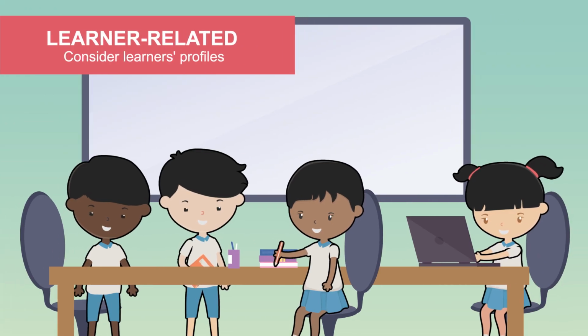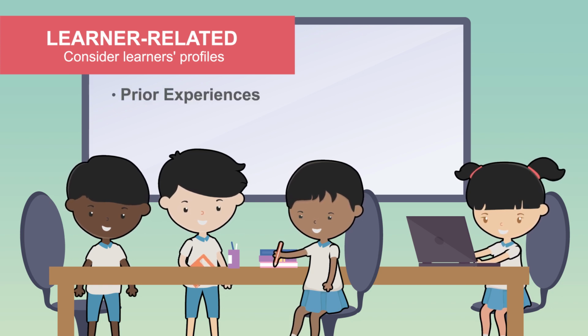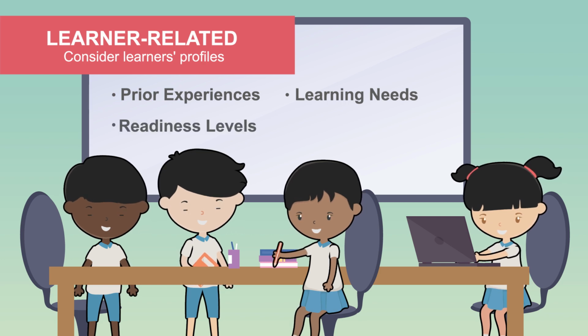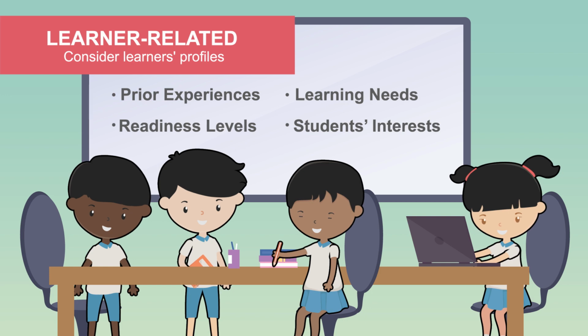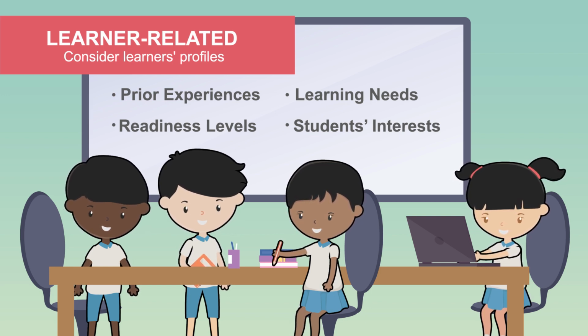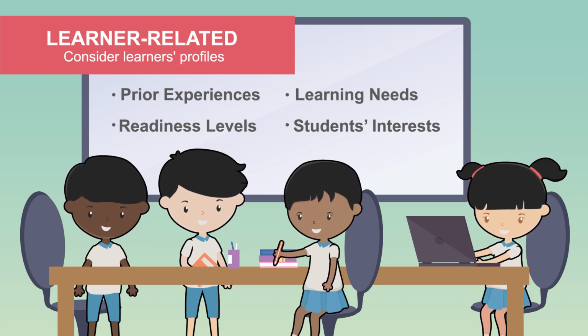For the learner-related perspective, consider your learner's prior experiences, learning needs, readiness levels, and interests when sequencing content. The ordering of the content should be logical to your students and help them broaden and deepen content mastery.